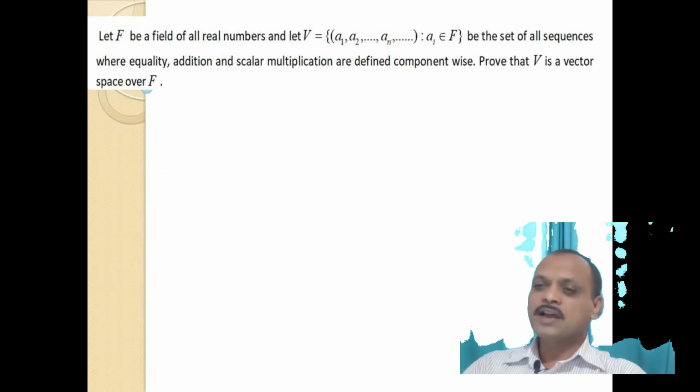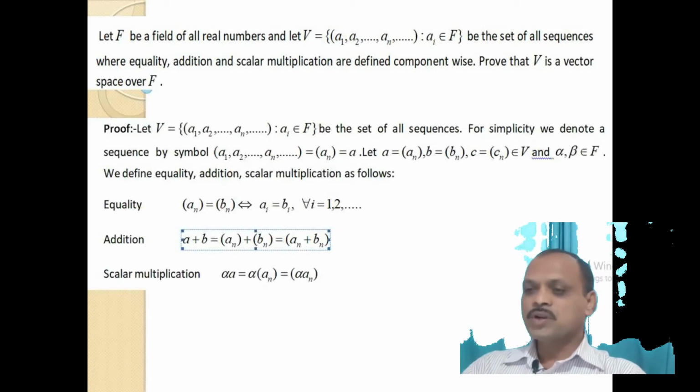Now consider another example of a vector space: V equal to the set of infinite sequences A1, A2, ..., An. You know that a sequence contains an infinite number of elements, whose range is the set of real numbers and whose domain is the set of natural numbers. Equality, addition and scalar multiplication are defined component wise.